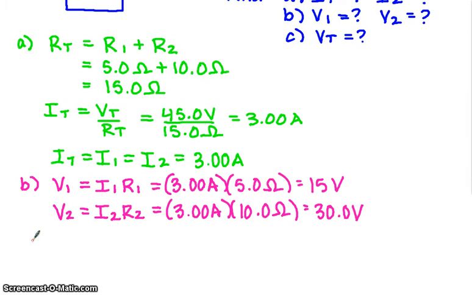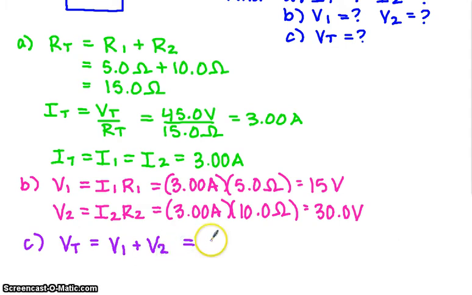Now for part C, this is an interesting question, and it's really just to emphasize a point. The total value for the voltage we already know is 45 volts, but we can do a little check because this is a series circuit and we can apply the loop rule. The total voltage of the battery should equal the voltage drops going across the 2 resistors in this series.